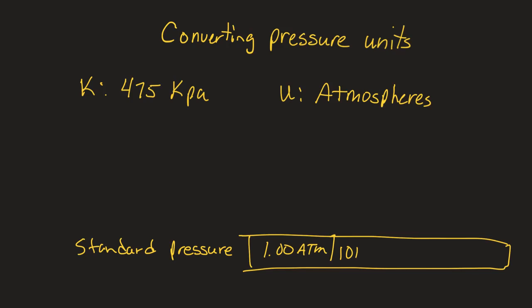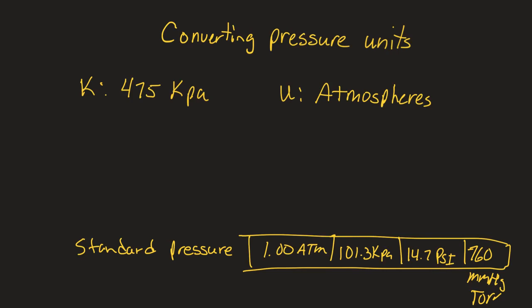There's 101.3 kPa. There's 14.7 psi. And then there's 760 millimeters of mercury, or torr. So these units are all equal to each other.